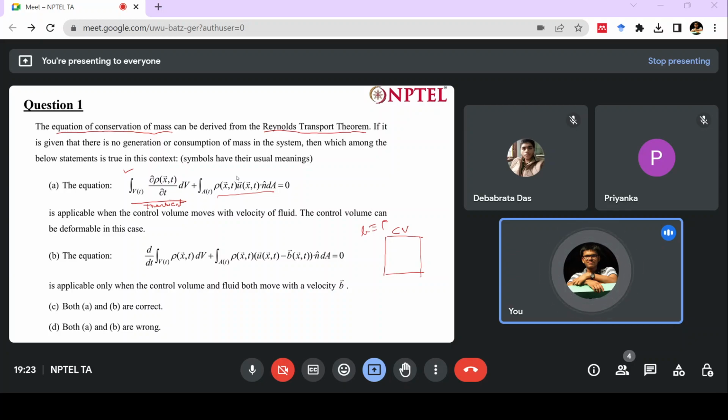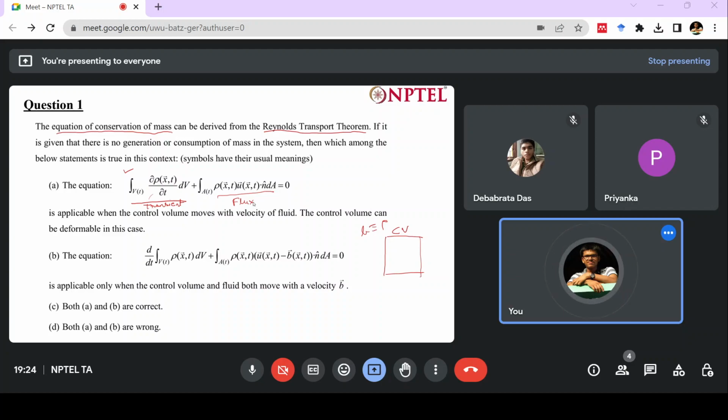One reason may be that some of that property might be escaping or coming inside my control volume. So there can be a flux in and out of my control volume. Here we are using density, so this is basically conservation of mass. Inside my integral it is density.